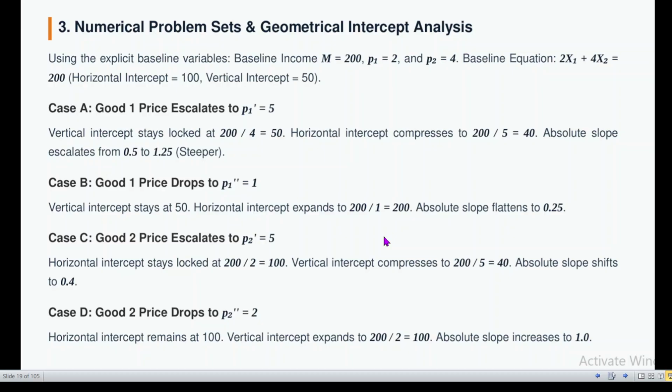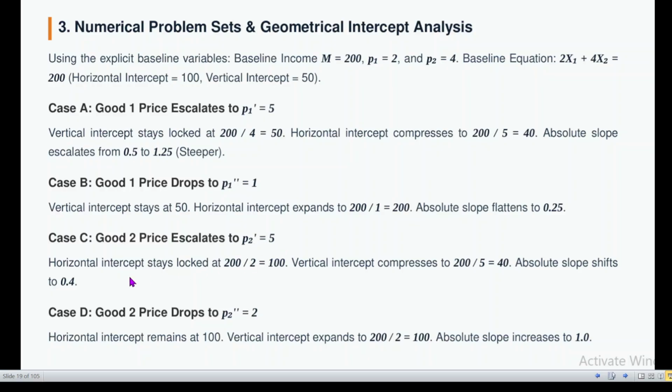In case C, the good 2 price scales. What happens? When the good 2 price scales to P2 prime, which is equal to 5, before, the baseline income M is equal to 200 and the price of good 2 is equal to 4, but it scales to P2 prime, which is equal to 5.